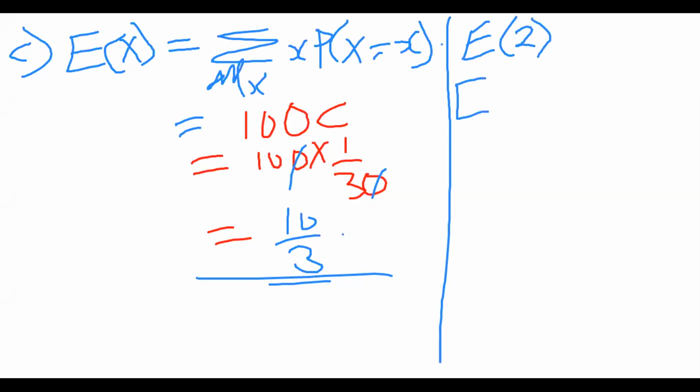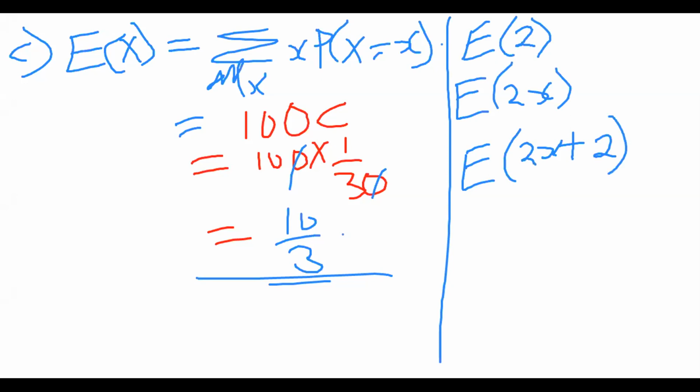The expectation of 2x, the expectation of maybe 2x plus 4. Okay, let me just add 2 here, just to bring my point home. So I need you to get for me these answers here, the expectation of this, expectation of this, expectation of this. What you do is very simple.